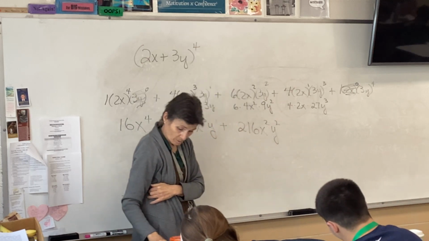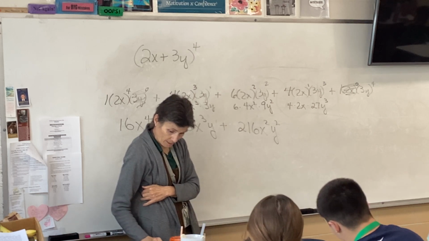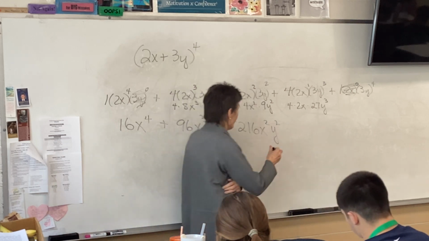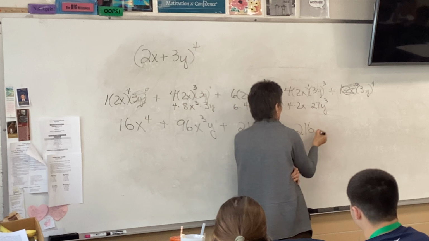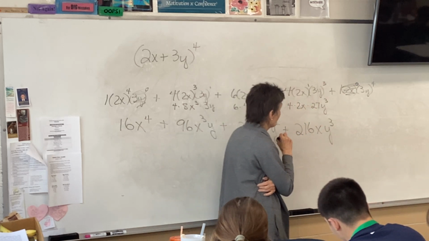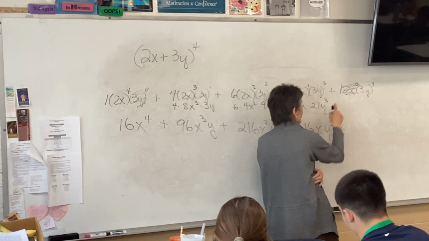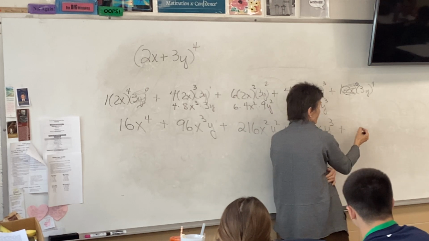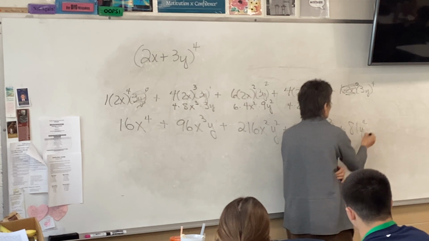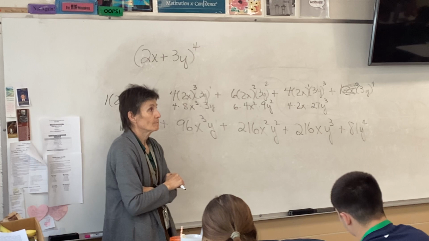So I'm multiplying all of those together. And I get another 216 x y cubed. And on the very end, all I have is a 1. What is it? 81y to the 4th.